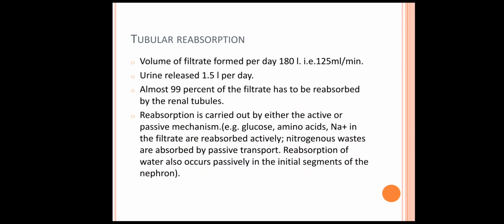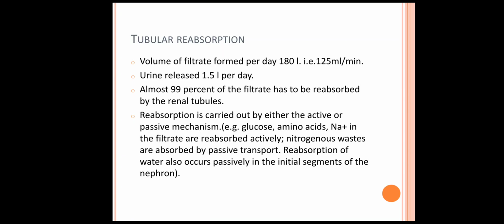Now comes tubular reabsorption. The initial filtrate which is formed is 180 liters, that means 125 ml per minute, but we know that urine released is 1.5 liters per day, which means almost 99% of the filtrate has to be reabsorbed by the renal tubules.